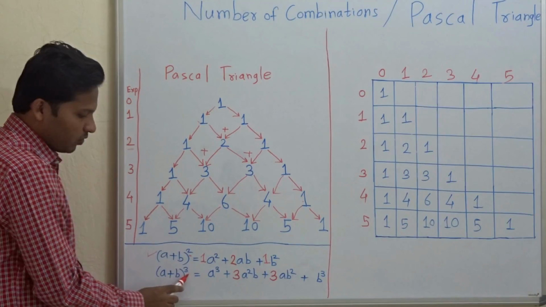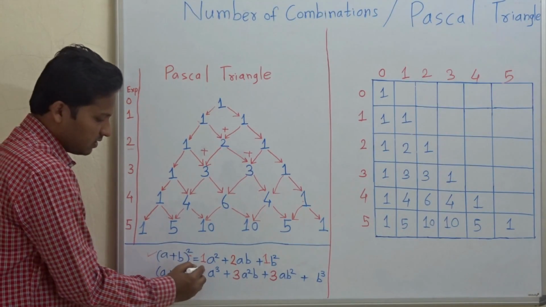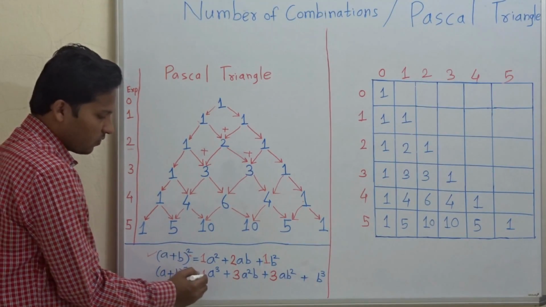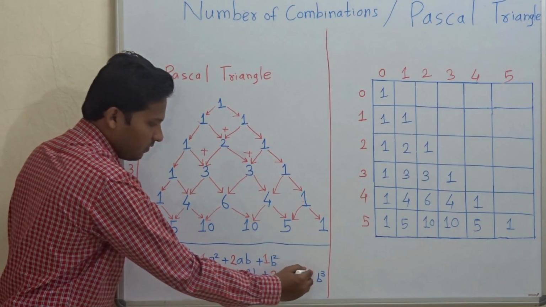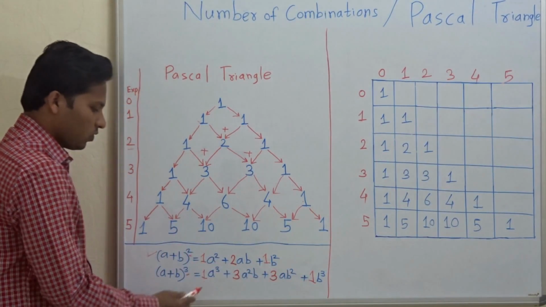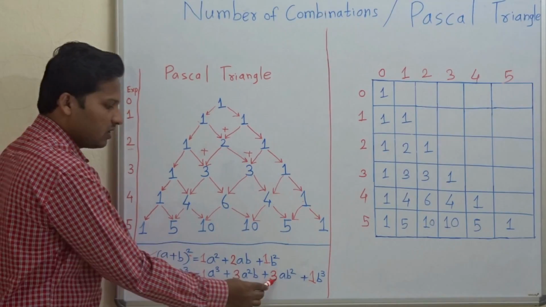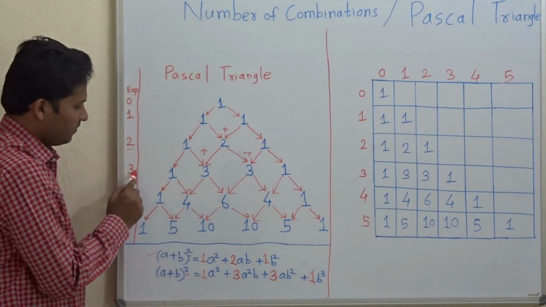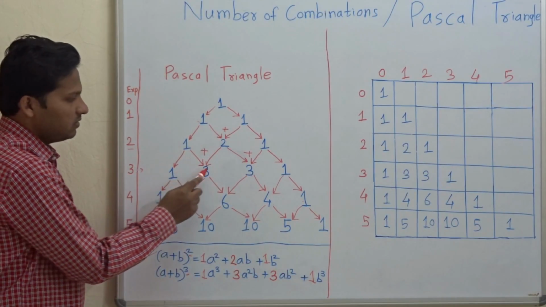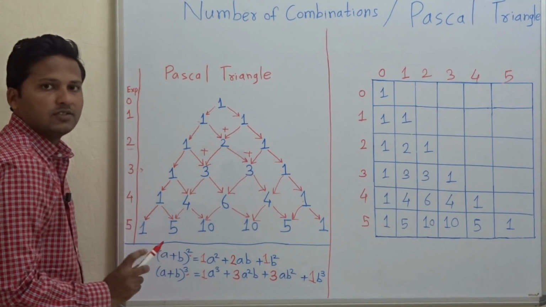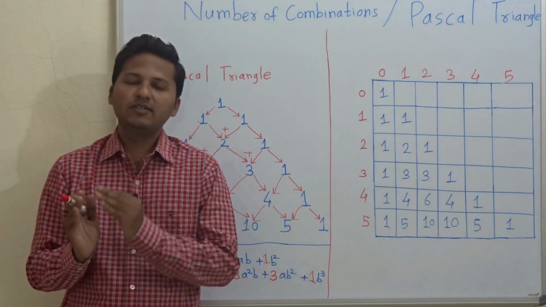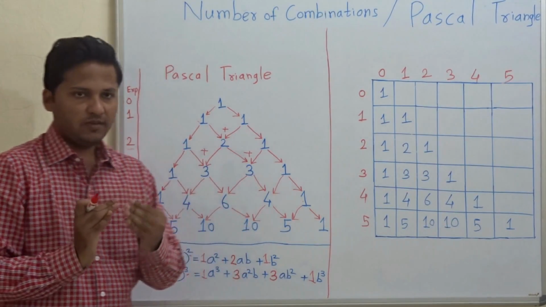For the third exponent, see the coefficients. Here nothing is there, so 1 is there, and here 1 is there. So 1, 3, 3, 1. See, for the third exponent 1, 3, 3, 1. So from the Pascal triangle you can derive all the formulae.